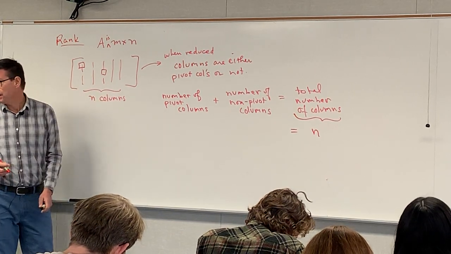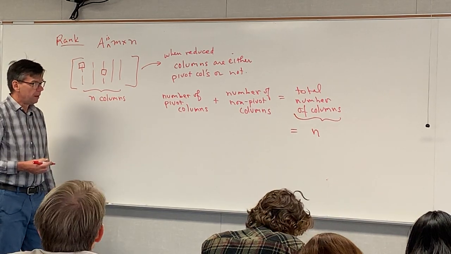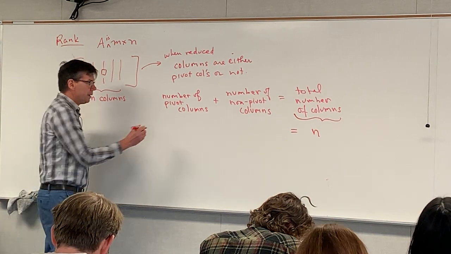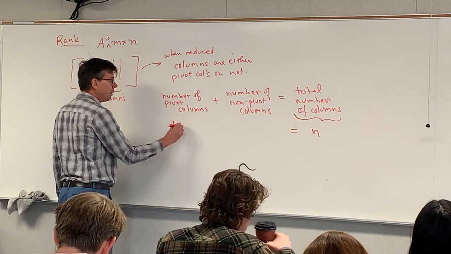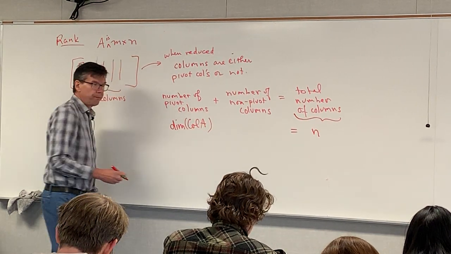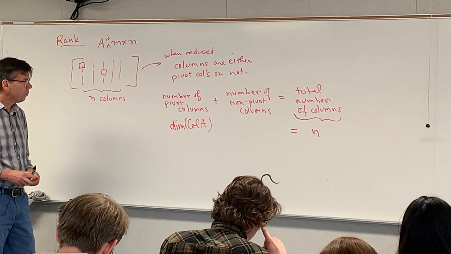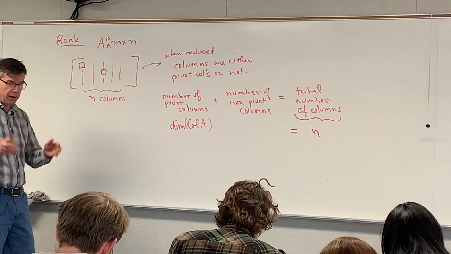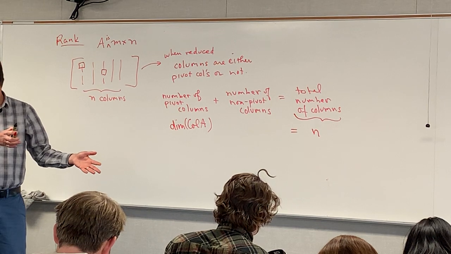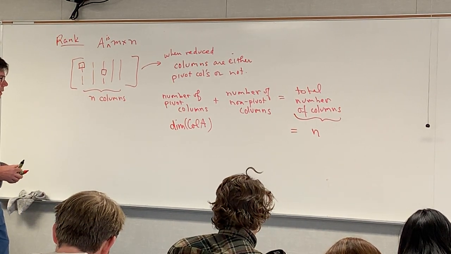This is where that equation involving rank comes from. And this is how I remember it. The number of pivot columns is the same as the dimension of the column space of A. Right? When we reduce, we find out where the pivot columns are. In fact, you're going to do that in that other problem. Then you go back to the original matrix to pull out the basis vectors for the column space.